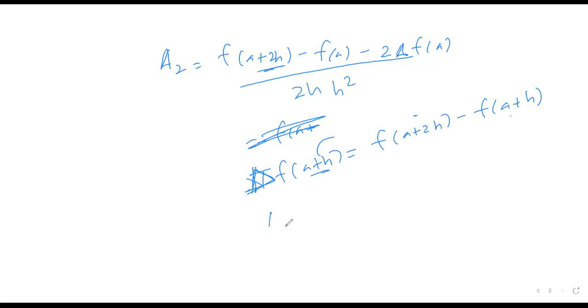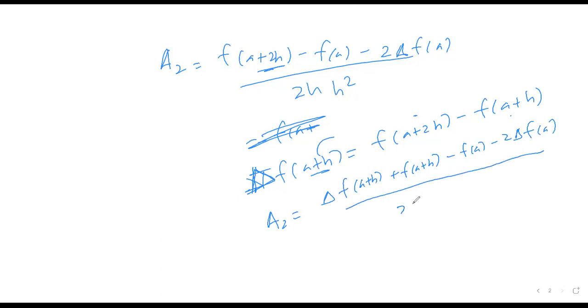So a2 is equal to this one: delta f of a plus h plus f of a plus h, minus f of a minus 2 delta fa. Okay. Delta fa, let's keep that one. Divided by 2h squared only, no?